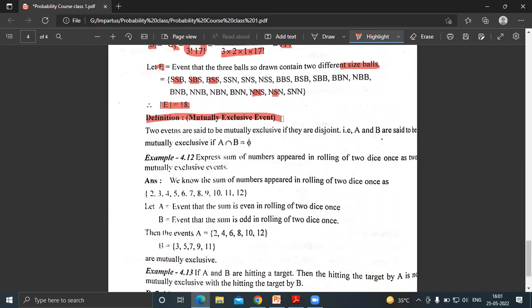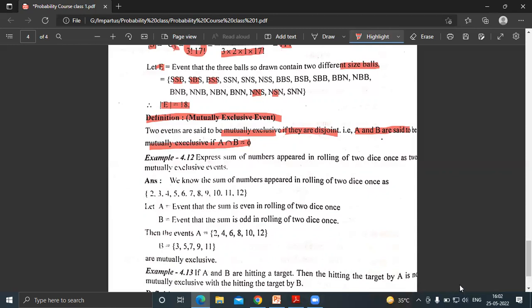In this way, if two events are disjoint, meaning no common elements between the two events, then A and B are said to be mutually exclusive. That means A intersection B equals phi. This symbol is phi. So two events are said to be mutually exclusive if they are disjoint, that is, A and B are mutually exclusive if A intersection B is phi.